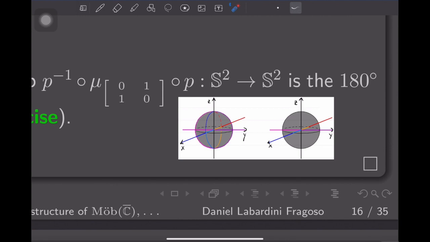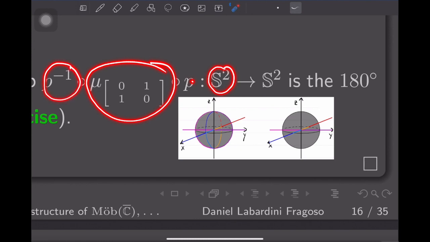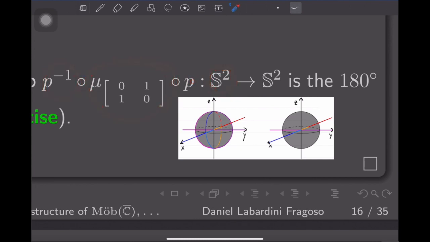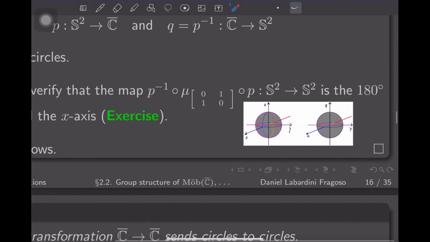Notice that it is possible to just compute: take x, y, z on the sphere, apply P through the formula of the stereographic projection, then invert as a complex number, and then go back with the other formula of stereographic projection, and then check that this is indeed the rotation of 180 degrees around the x-axis, because that rotation has a very easy formula.